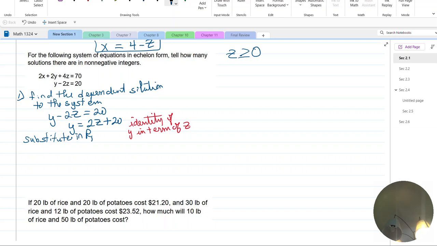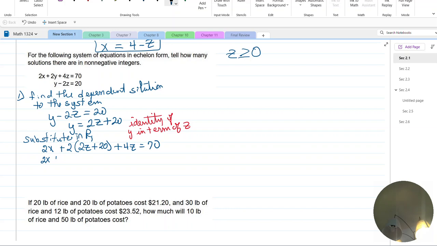So on the row 1, I have 2x plus 2 times y, which is 2z plus 20, plus 4z equals 70. All right. Now, I should have divided by 2, but we can do the math.